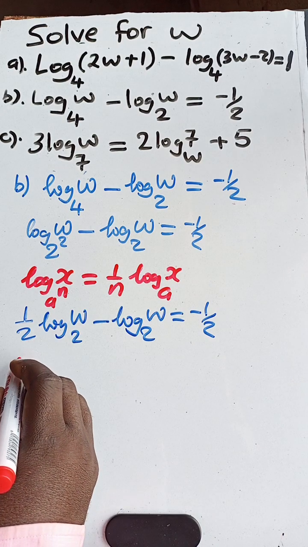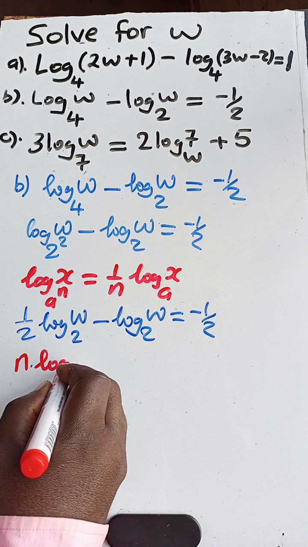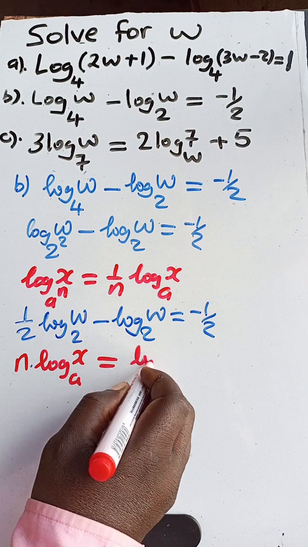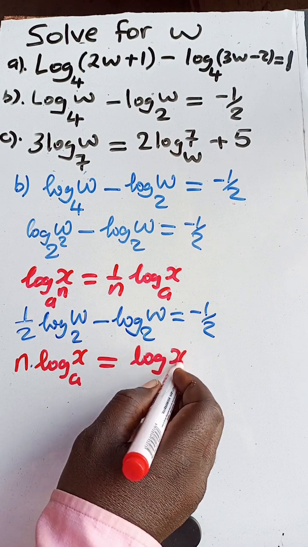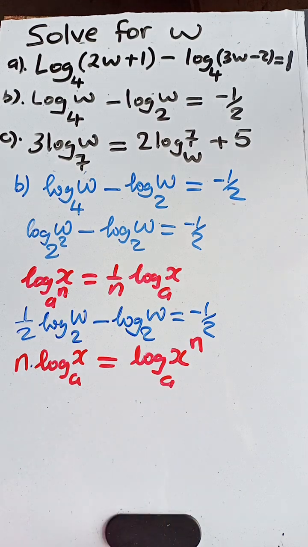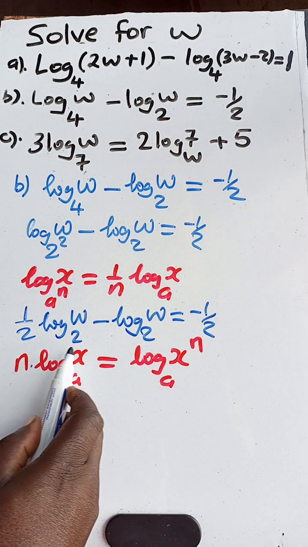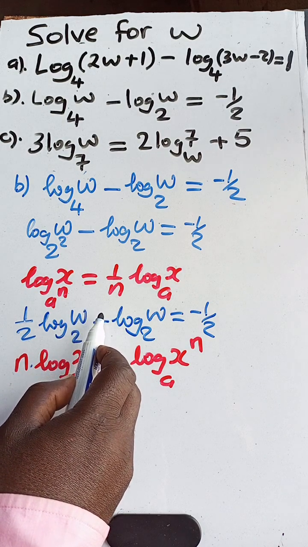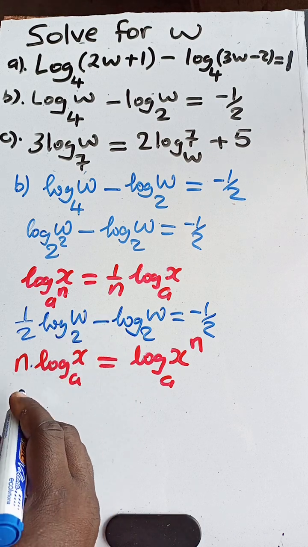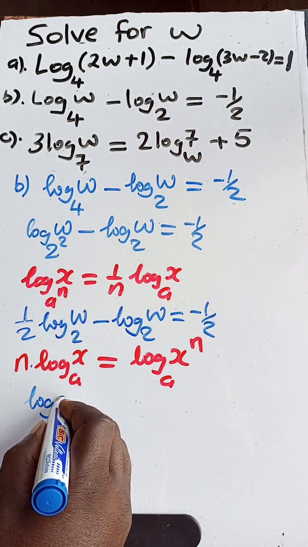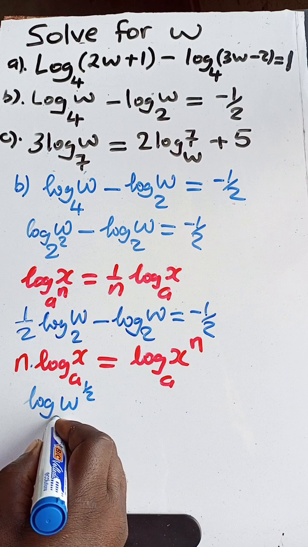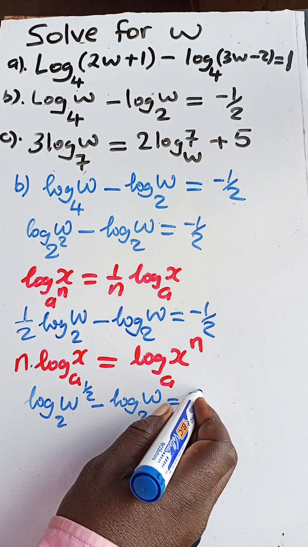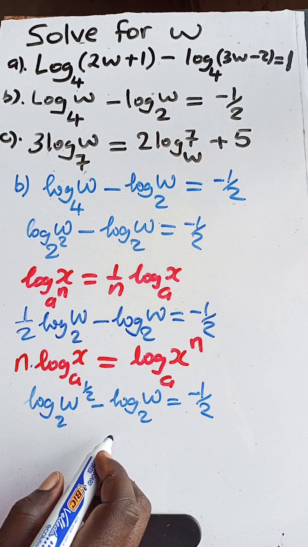The law that we have is that n log x base a is log x to the power n base a. Okay, now this goes as power. So this half here is going to go as the power of w. This half here is going to go as the power of w. So we're going to have log w to the power half base 2 minus log w base 2 is equal to negative half. All right?